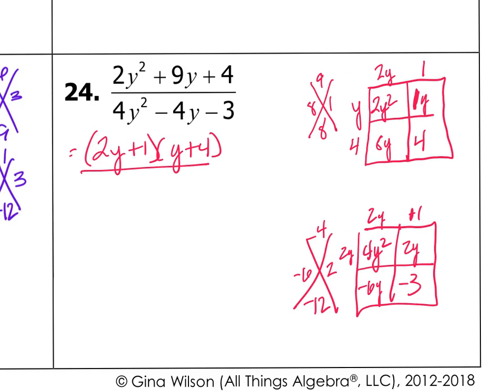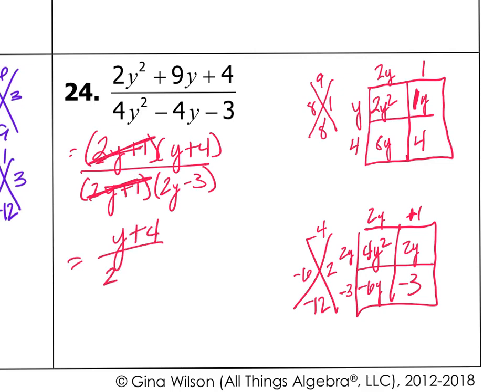I think this is plus 1 and this is minus 3. There we go. So I've got 2y plus 1 and 2y minus 3. So those go away, and my answer is y plus 4 over 2y minus 3.